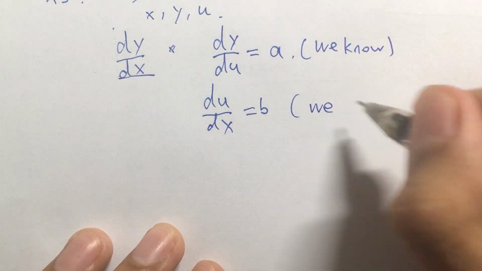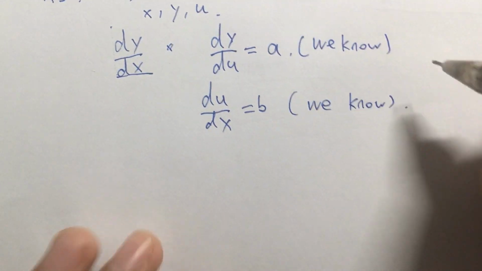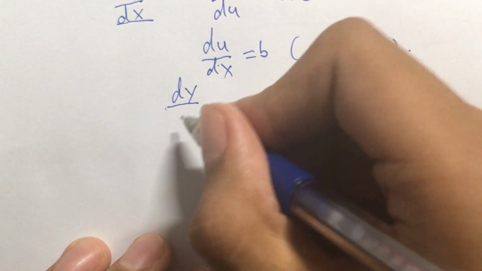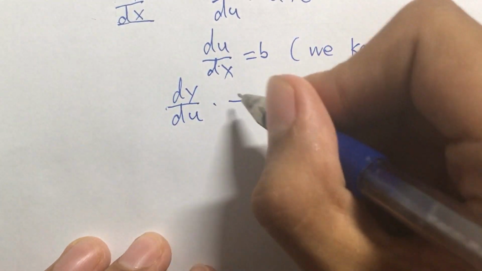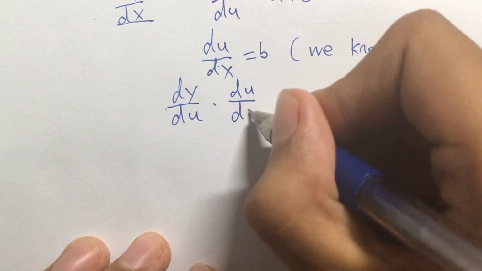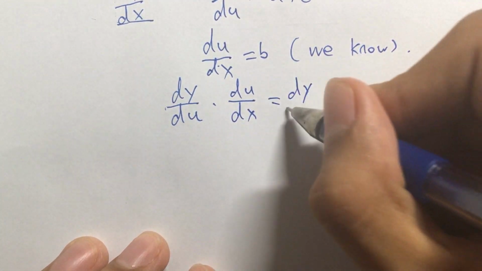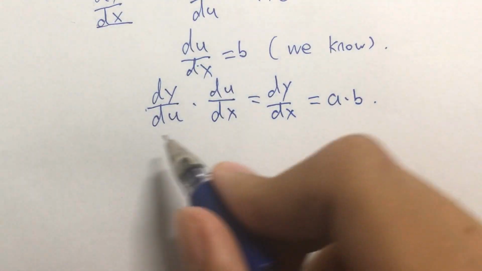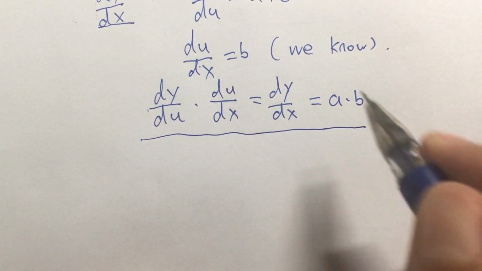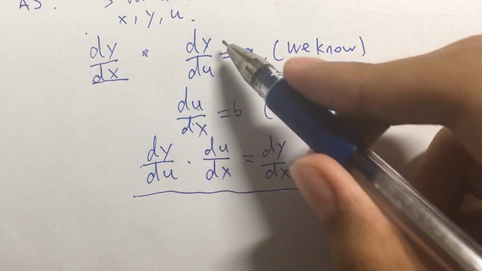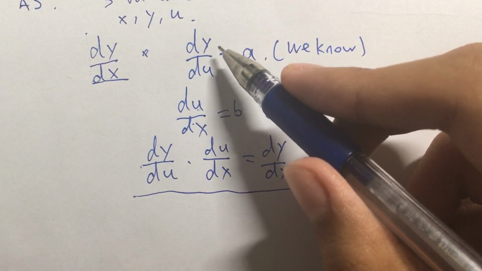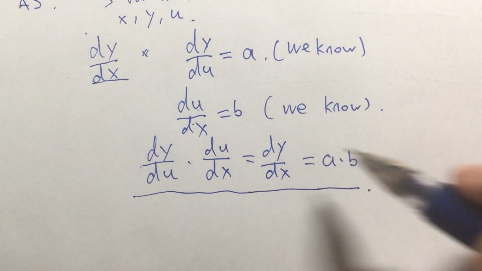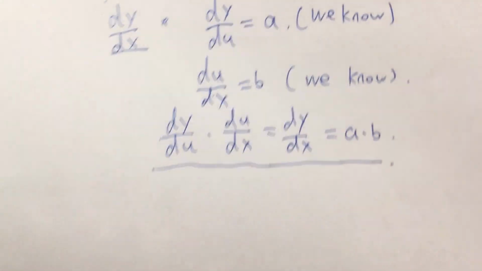So by multiplying these two together, we get dy over du times du over dx, which is dy over dx equals a times b. And this is the chain rule. So we have 2 differentiations with 2 other variables we know, and when we multiply them together, we get the 3rd differentiation.